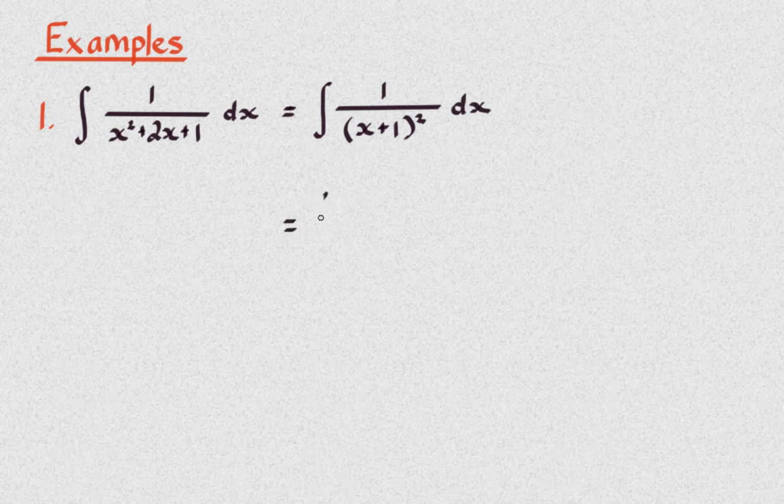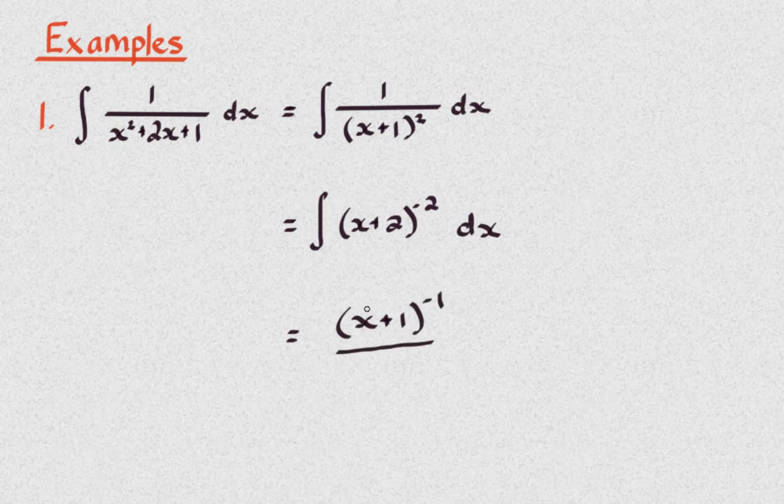We can use the chain rule. So writing out our integral with a negative power helps. And yeah, let's apply the chain rule. So we raise the power by 1, and we put it over this power, along with the inner derivative, but that's just 1 in this case.